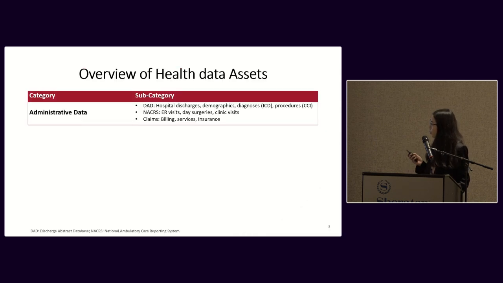So in this table, I'm going to show you an overview of the health data sets we have in Canada, starting with administrative data. So we have hospital discharge information, including demographics, diagnosis, procedures in the discharge abstract data, as Dr. Garland just mentioned earlier. And we also have emergency department data from NACRS data, and comprehensive detailed information about health services, insurance, billing in the claims data.